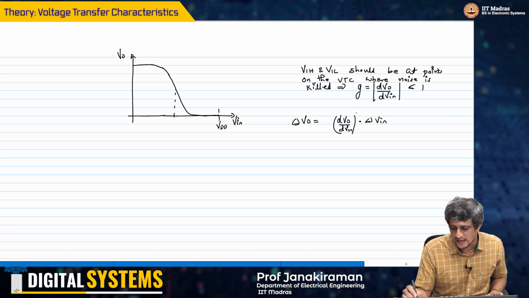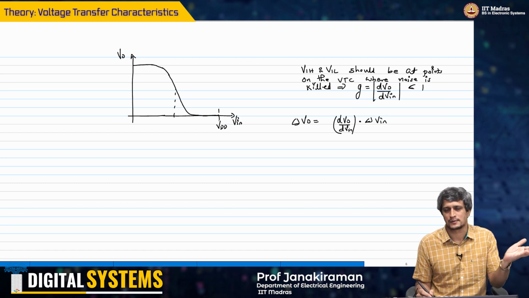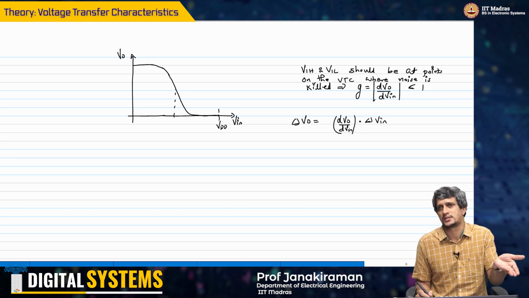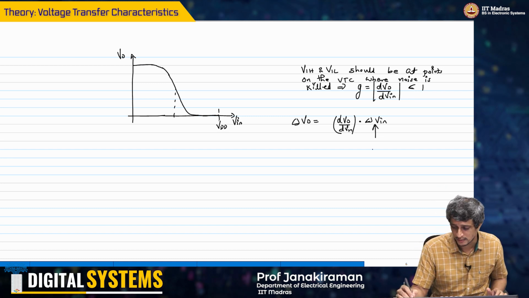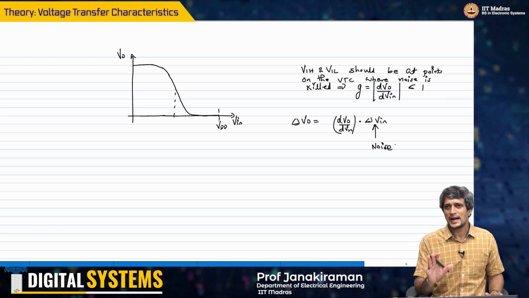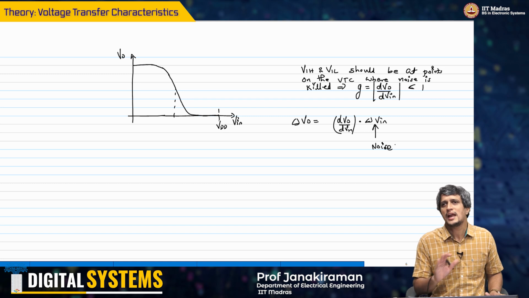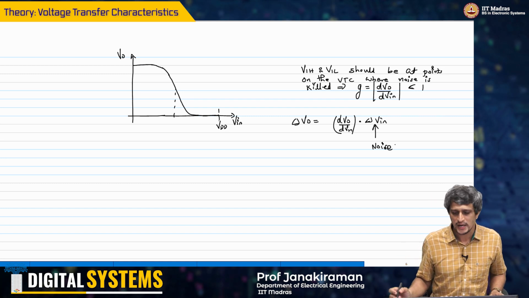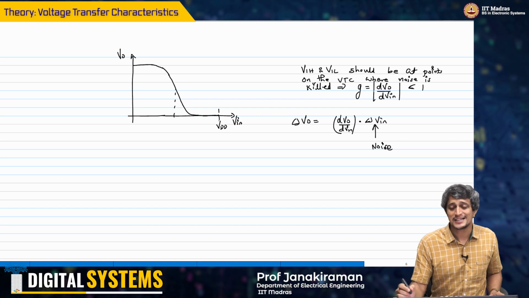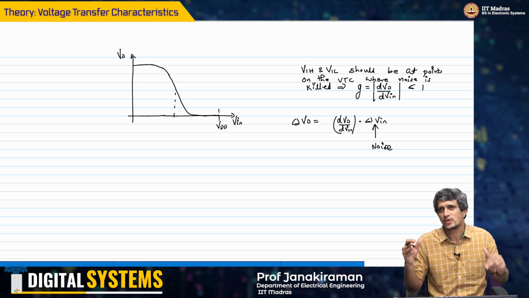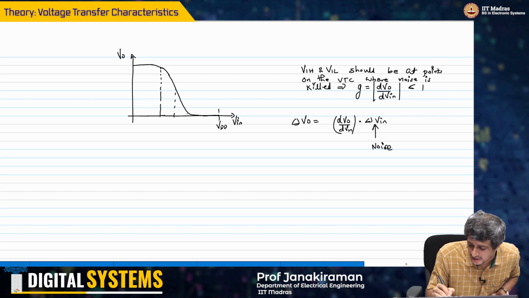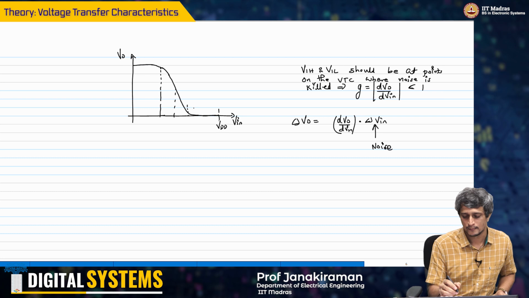If dV out by dV in is very small, close to 0, then it will not even react to the input noise. This is my noise. We want that delta V out to not react to the input noise. So we got to place it at a point where the modulus of the gain is less than 1. The limit is therefore the point at which the gain is exactly minus 1.